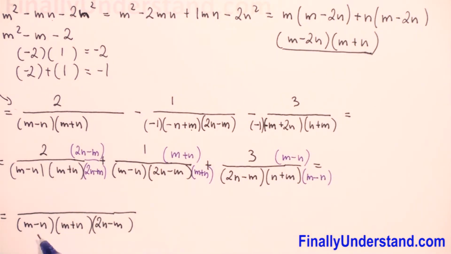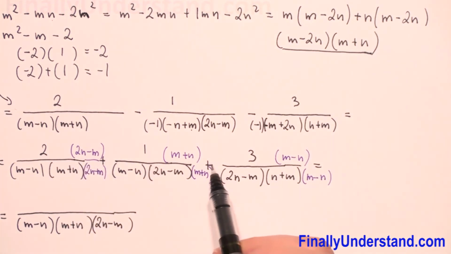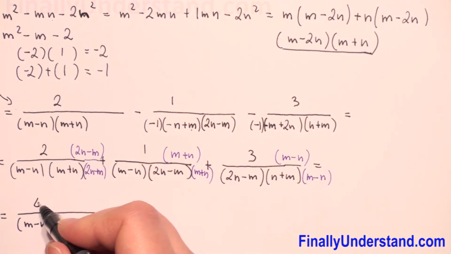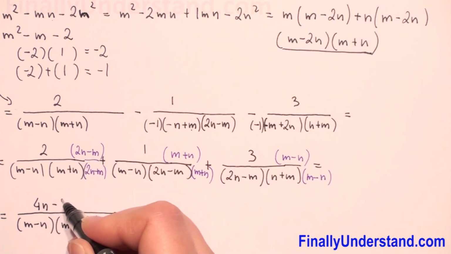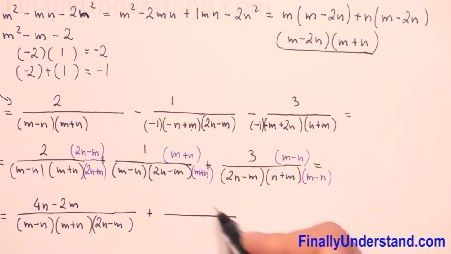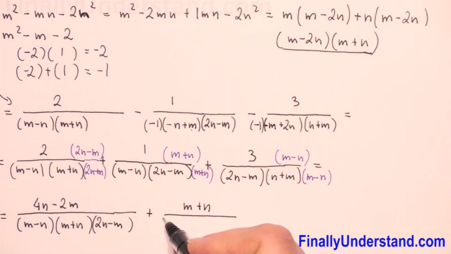So now we have our denominator, and we have to do multiplication in the numerators. So we have 2 times 2n minus m, so it will be 4n minus 2m, and we have plus 1 times m plus n, so it will be m plus n. And I will keep the same order of terms like I have in the first denominators.